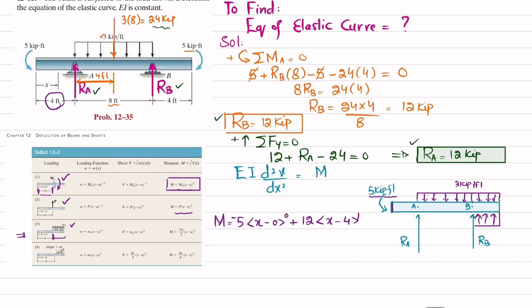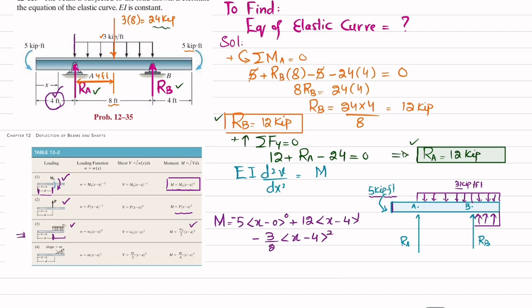So minus W naught is 3, so 3 by 2 into x minus A. And again you can see A will be 4 because W starts from this point. So I will write x minus 4 power 2.